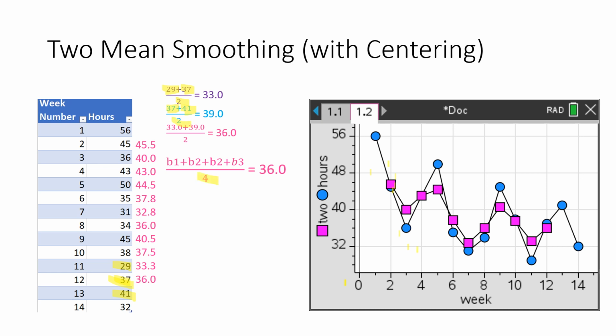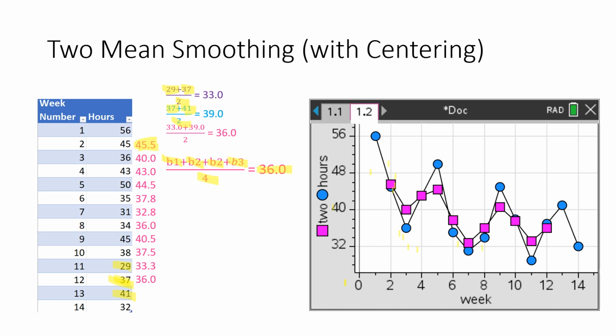So you can think of this as being a formula that if you were to start up here to get this 45.5, you'd do B1 plus B2 plus B2 plus B3, and you could fill that down. In this case, for that last data point, that would then get you 36.